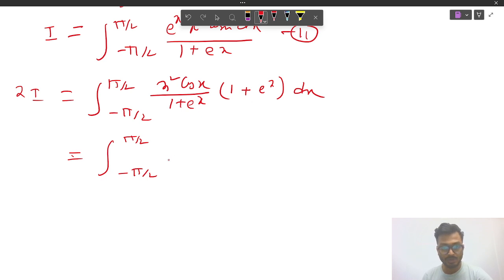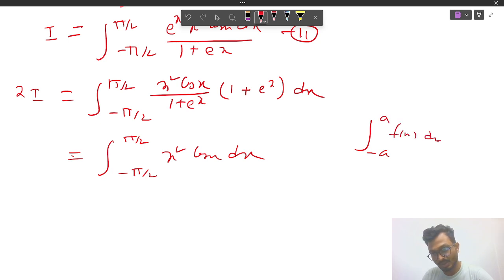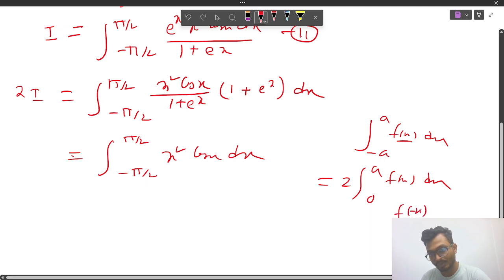So this gets cancelled, and we get the integral from minus pi by 2 to pi by 2 of x square cos x dx. Now we know another property: integration minus a to a f(x) dx equals 2 times integration 0 to a f(x) dx when f(x) is an even function, that means f of minus x equals f(x).